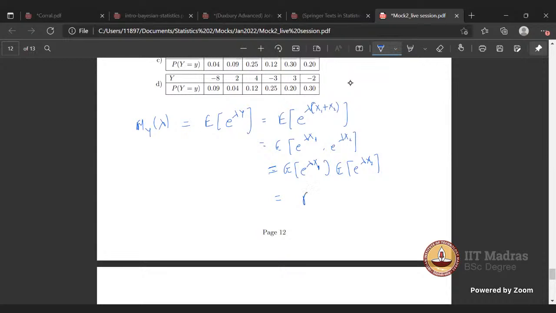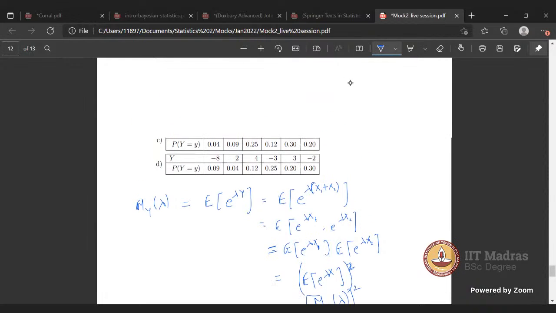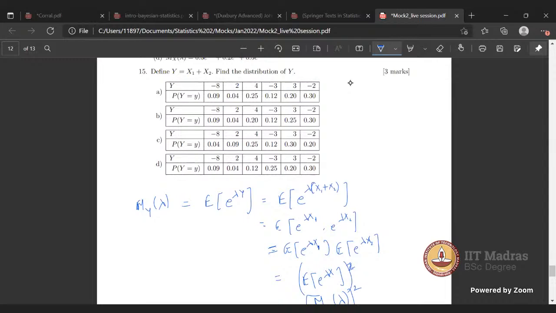So I can just write the expected value of e to the power lambda X, whole square. This is the MGF of X, M_X of lambda, whole square. We know the MGF of X. If we square it, we can find the distribution of Y. Is it clear?